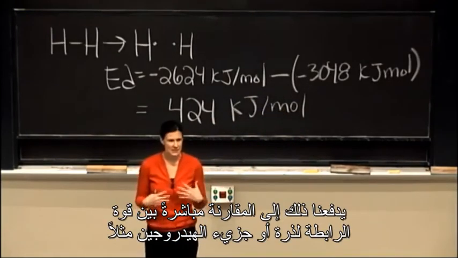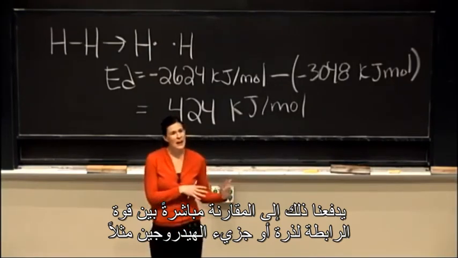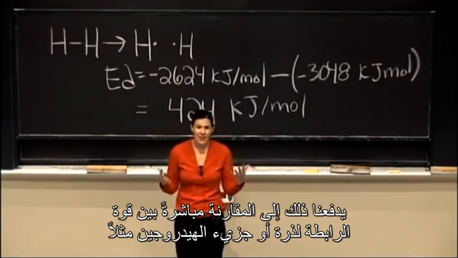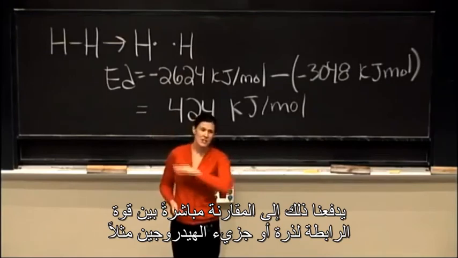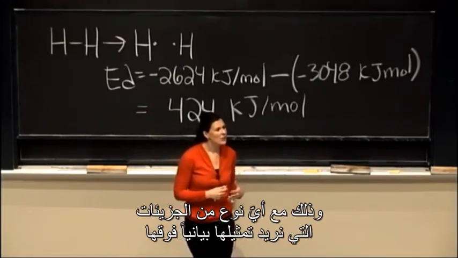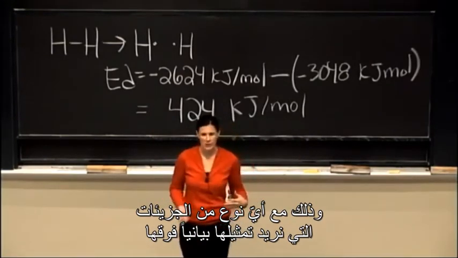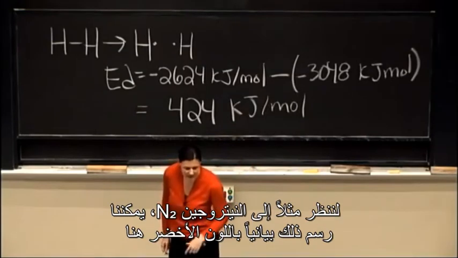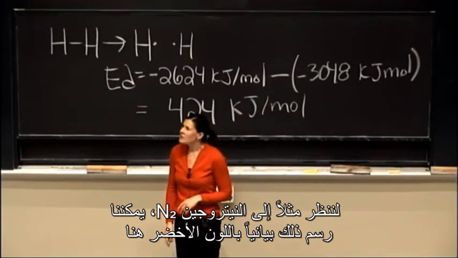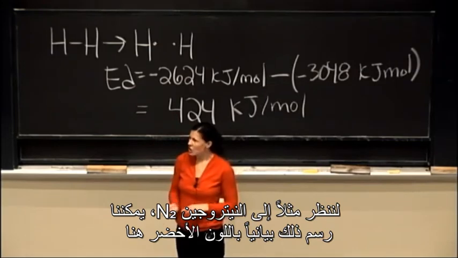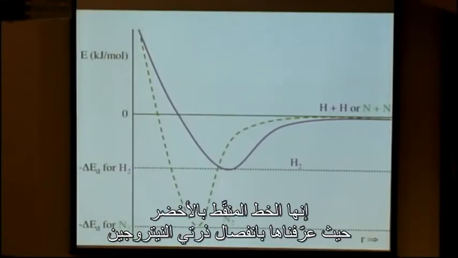So what this lets us do now is directly compare, for example, the strength of a bond in a hydrogen molecule compared to any kind of molecule that we want to graph on top of it. So let's, for example, look at nitrogen. So N2, we can do the chart here in green, so it's the green dotted line.